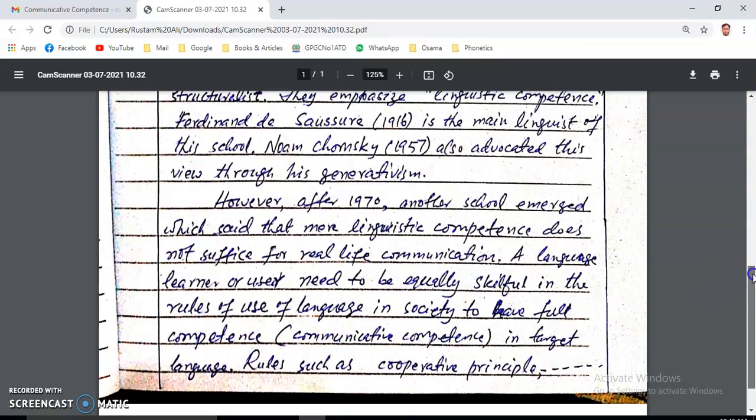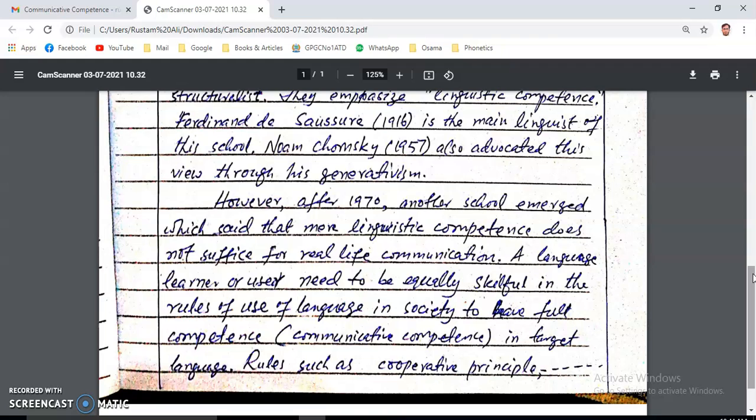So this way you can continue and you can say rules such as the cooperative principle, turn taking, speech acts, etc. They need to be learned, and these rules are called sociolinguistic competence.